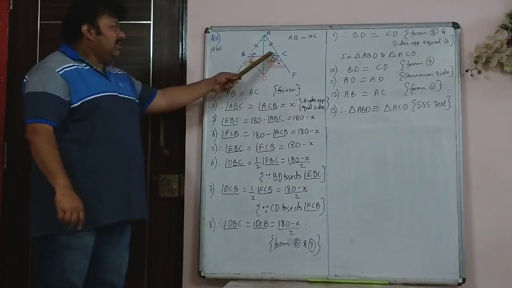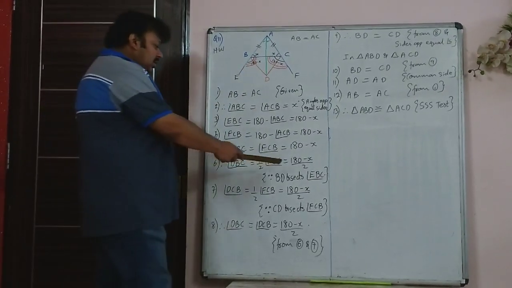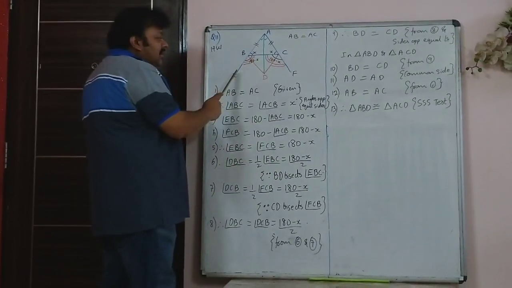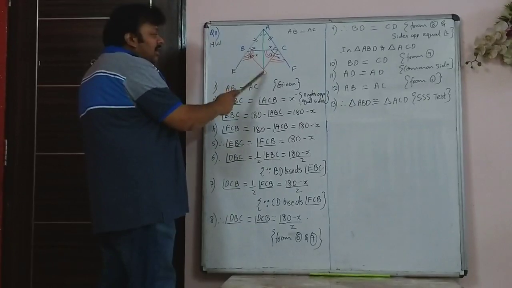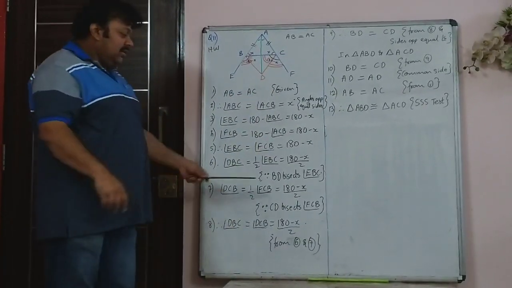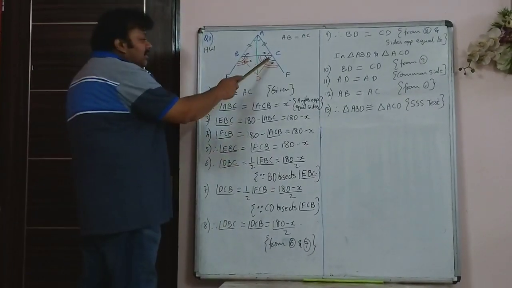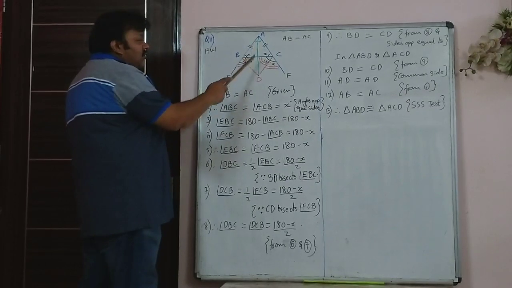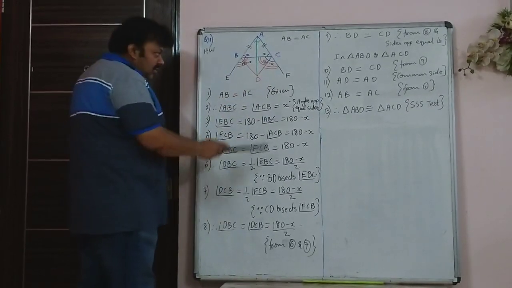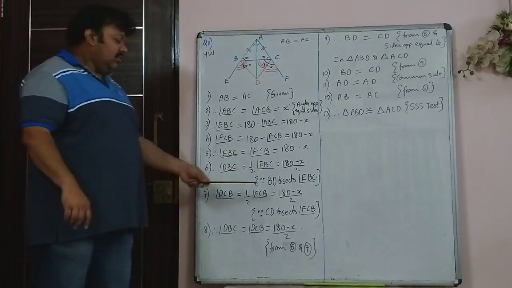Now you have DBC is half of EBC. Reason, you have been given that BD bisects the exterior angle. So that means BD is bisecting angle EBC. So that is what is written, BD bisects, that is given. Same way, DCB is half of exterior angle FCB. So therefore you have DCB is 180 minus x upon 2.